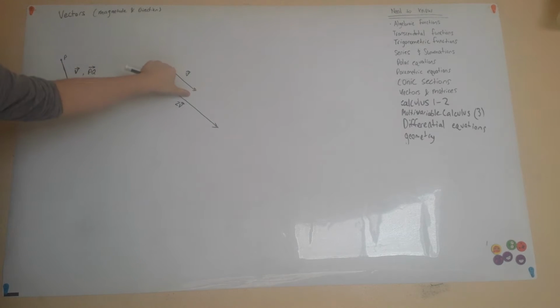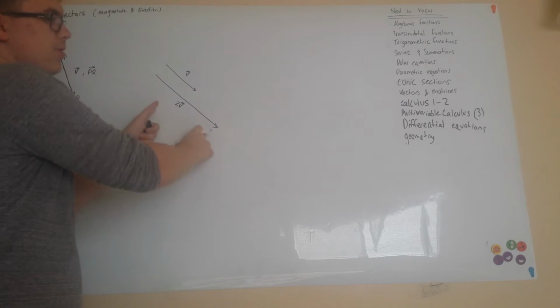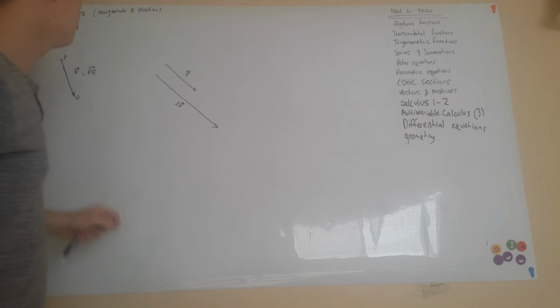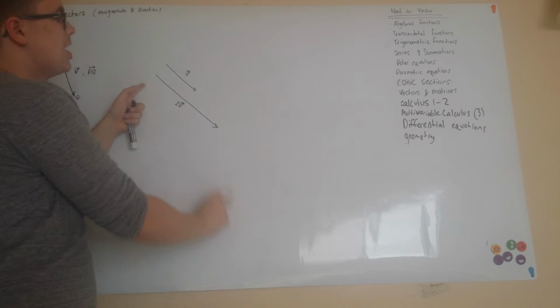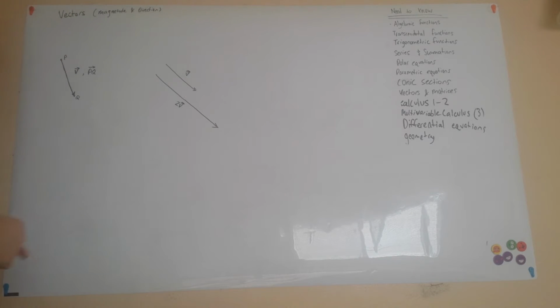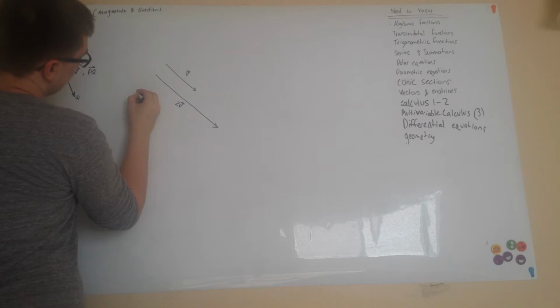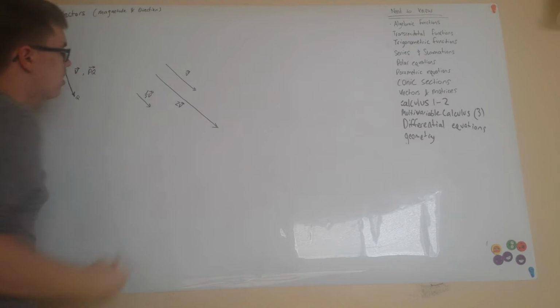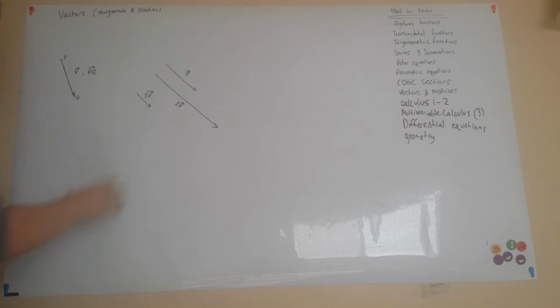So this is just the normal vector v. And then this is twice vector v. And you notice that the direction doesn't change. If you're multiplying by a scalar, your magnitude changes, but not your direction. And this would be 1/2 v, 1/2 of vector v.